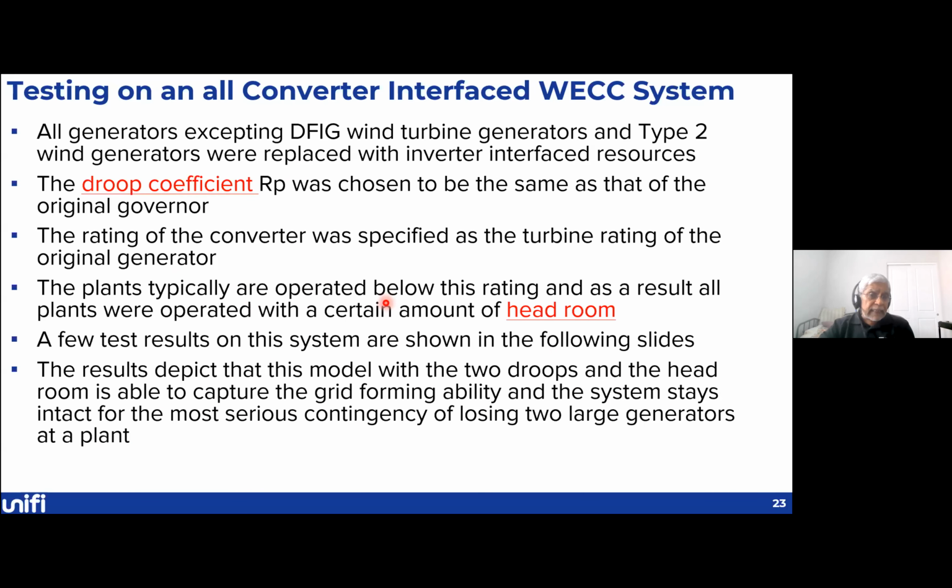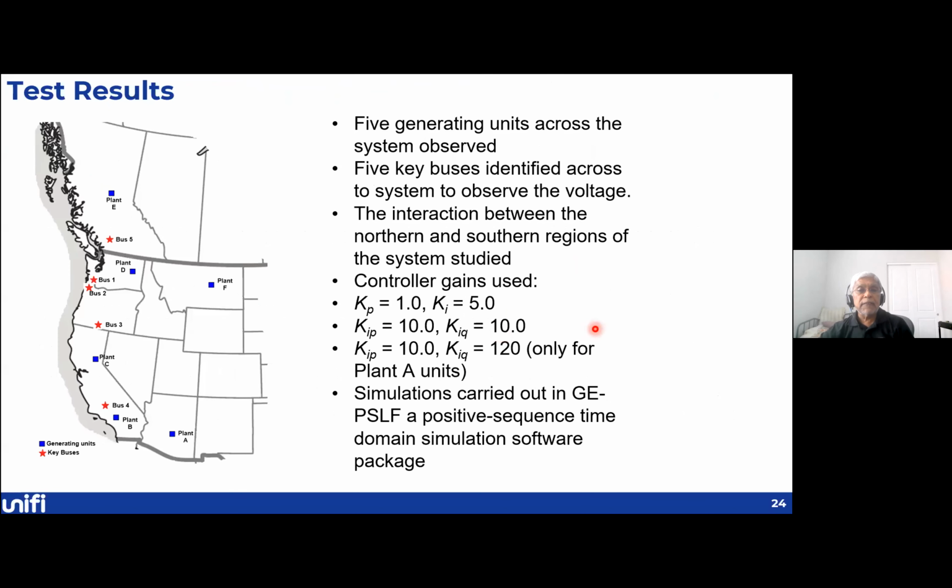to a certain extent captures the grid forming ability of the system, and the system stays intact for even the most serious contingency in the WECC, which is a loss of two large generators. They are at the same generating station. It's a huge generating station with three large generators, and the loss of two units is considered to be the worst disturbance.